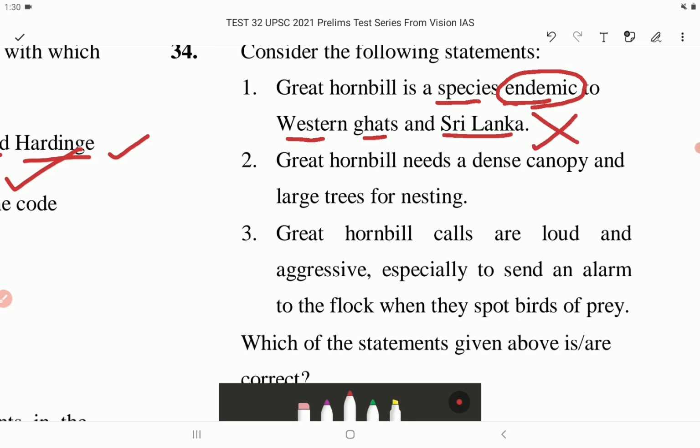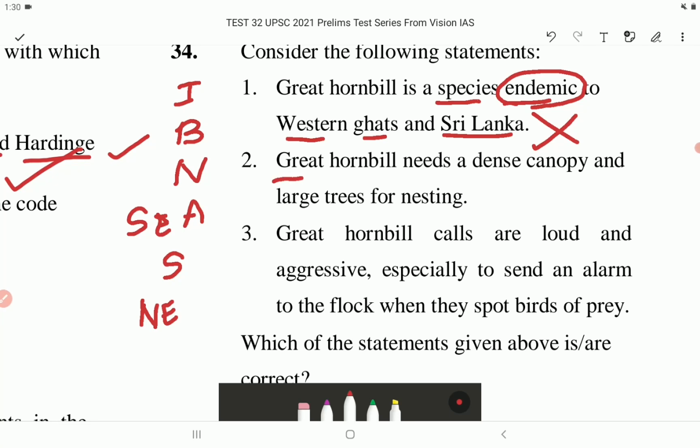The great hornbills are found in the forests of India. They are found in Bhutan, in Nepal, in mainland Southeast Asia, in the Indonesian islands of Sumatra and the northeast region of India. So statement 1 is incorrect.